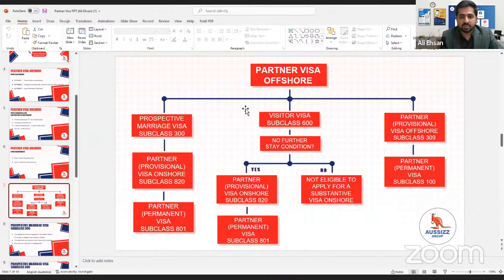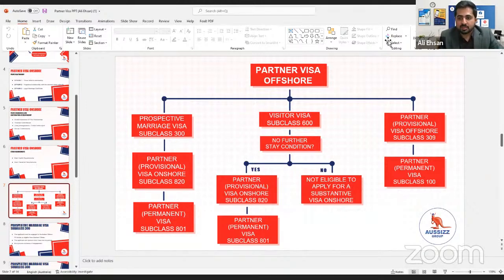For example, if your partner is here on a visitor visa and does not have a no further stay condition attached to it, then you can lodge a partner visa onshore, which is subclass 820.